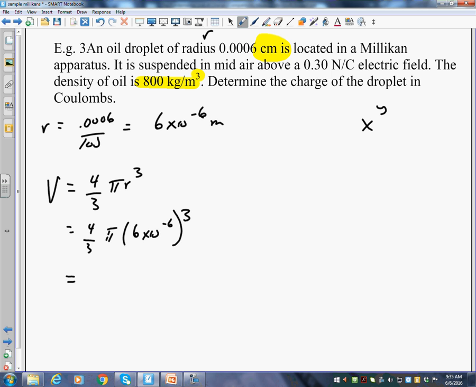Go ahead and try it. Are you going to get a tiny number? Yeah, the volume of this sphere is going to be incredibly tiny. You should get 9.05 times 10 to the minus 16 cubic meters.